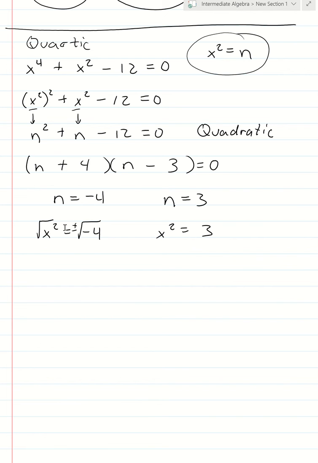When we take the square root of x squared, we get just x, but watch out now, we have plus or minus, and of course we know that the square root of a negative 4 is going to involve that imaginary unit, and we get a 2i.